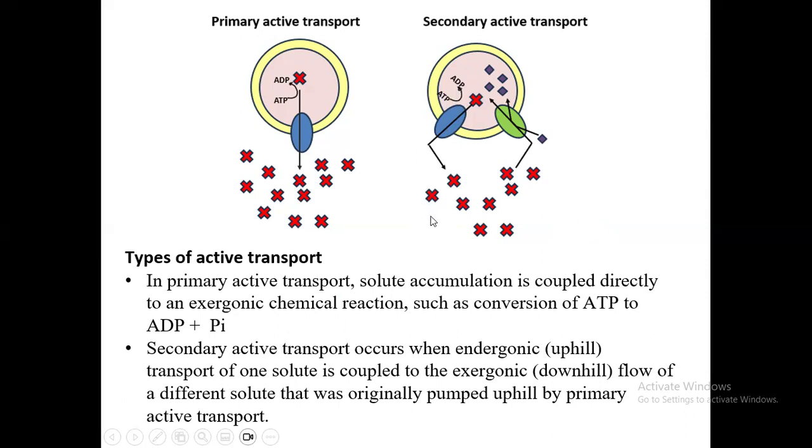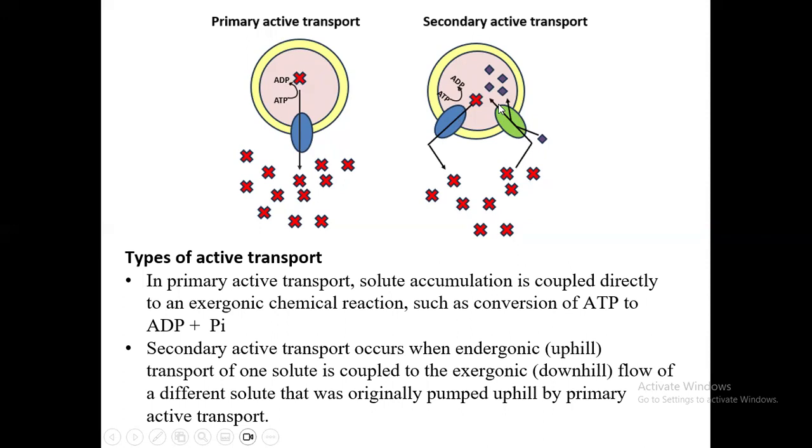So you'll have more concentration of metabolite X on the outside compared to the inner side. Now, this is basically an electrochemical gradient, and the transport of metabolite X from the outside to the inside of the cell is again an energetically favorable reaction, since it is moving according to the concentration gradient.